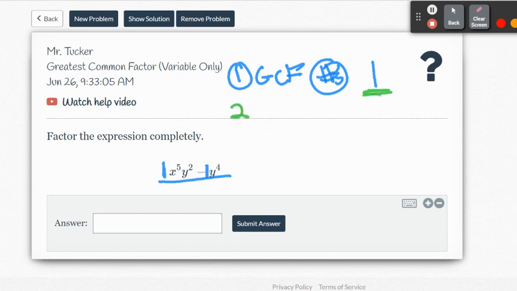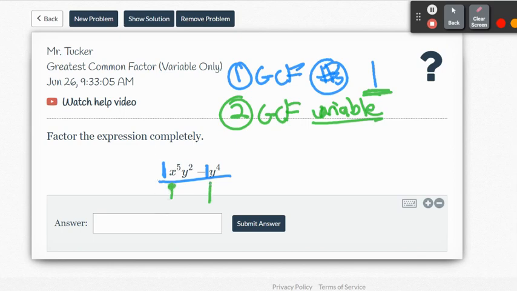So my variable part this time, the GCF variable, as I've been saying so far, is we look at a common variable and then the lowest exponent. So this time we have an x in the first term, but there's no x in the second term. So x is not in common. Y is in common, they both have y's. And then I look for the lowest exponent on my y's, which in this case is 2. So my GCF variable is y squared.